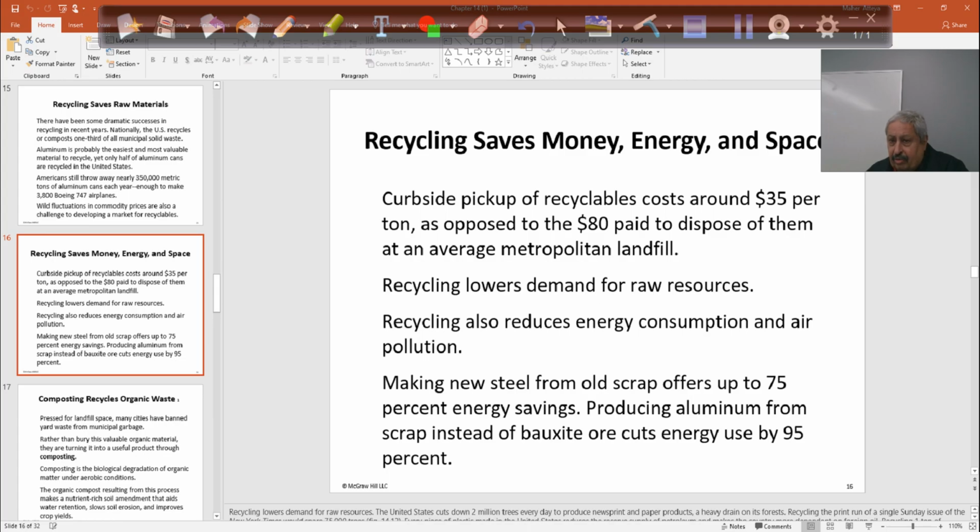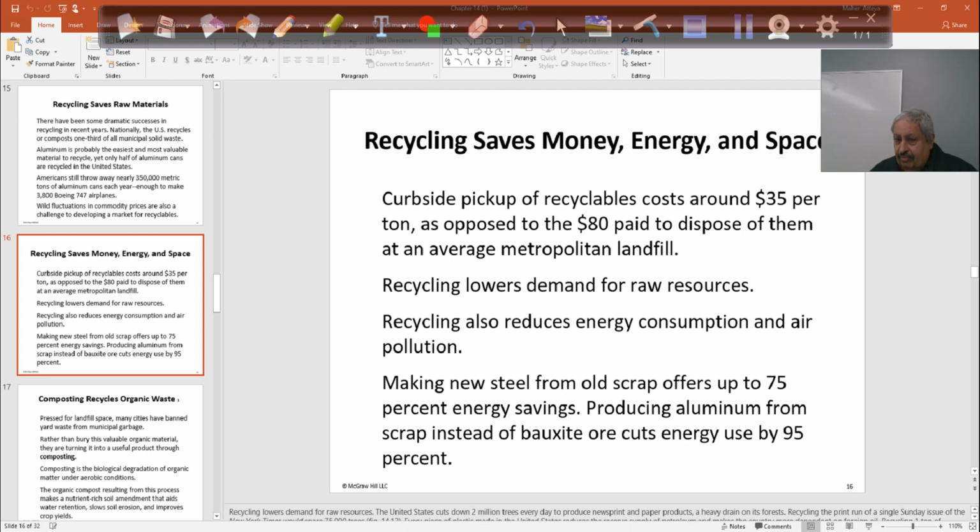Curbside pickup of recyclables costs around $35 per ton, as opposed to $80 paid to dispose of them at an average metropolitan landfill. So you can see the difference. If you recycle, your cost is $35 per ton. If you dump it in the landfill, that will cost you $80 per ton. $35 per ton if you recycle, and $80 if you don't recycle.